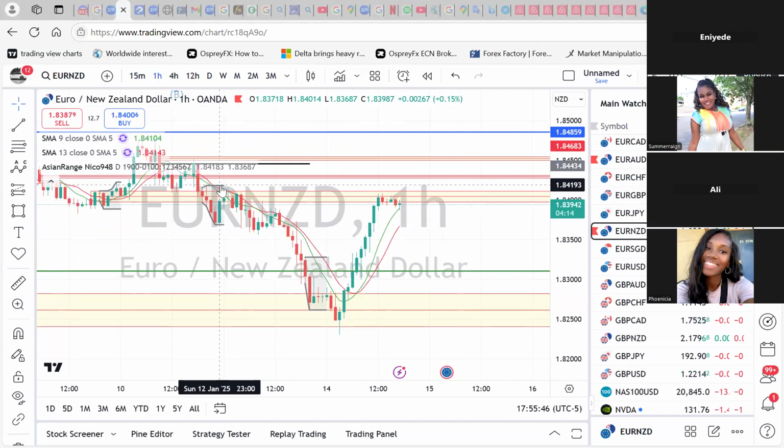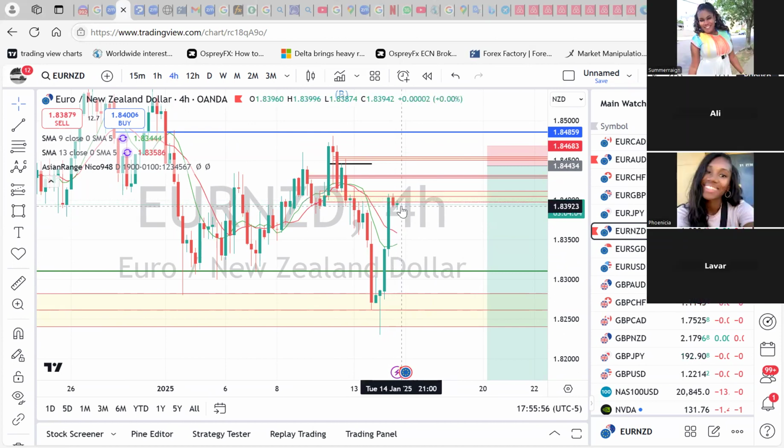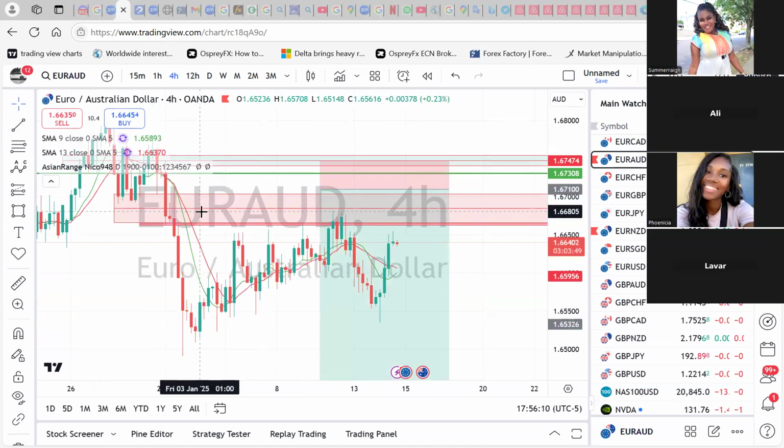You see that? So at some point, when you start seeing the charts, you're going to have expectations or things that you want to see happen on the chart. It could be the difference between you taking a sell on EUR NZD because it did everything you wanted it to do, or maybe you say I don't like EUR NZD because it didn't do what I wanted it to do.